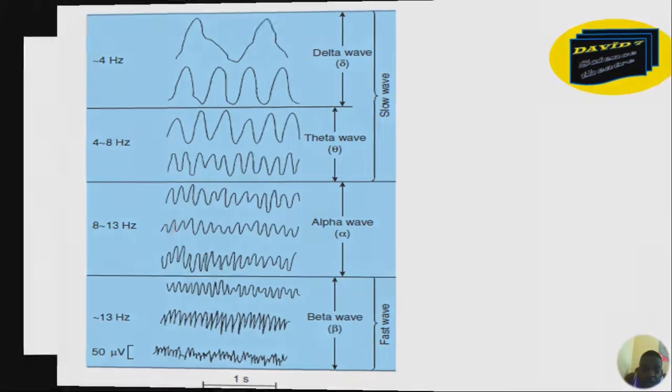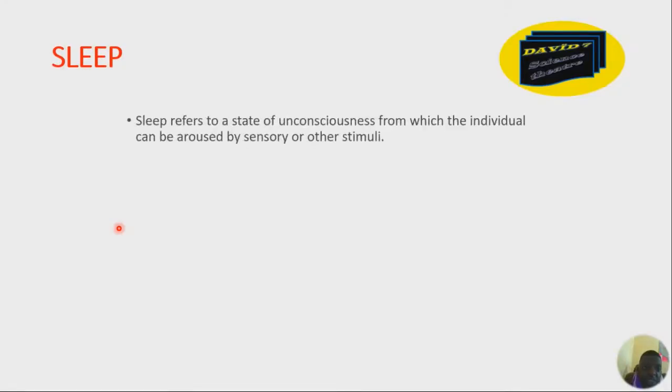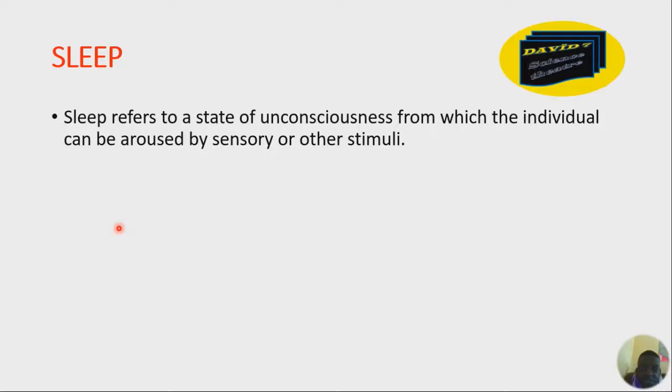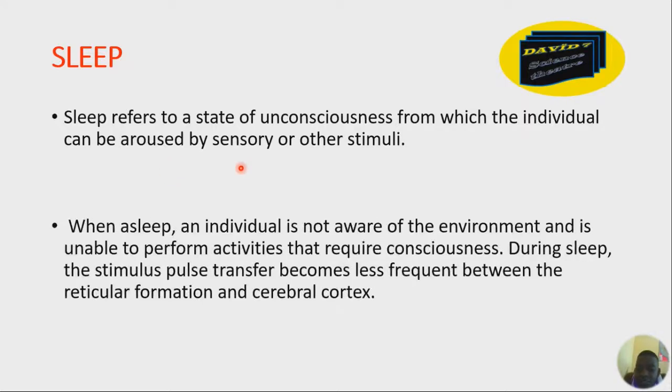Moderately faster. Okay. Sleep is a state of unconsciousness from which the individual can be aroused by sensory or other stimuli. The guy can wake up. When asleep, an individual is not aware of the environment and is unable to perform activities that require consciousness.